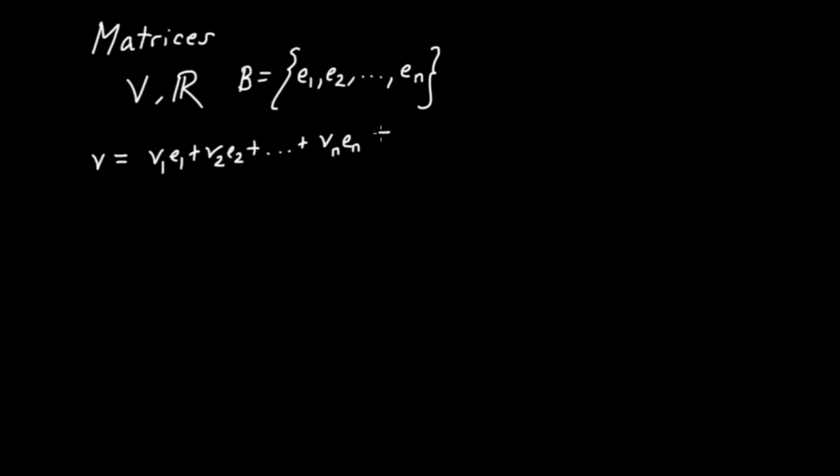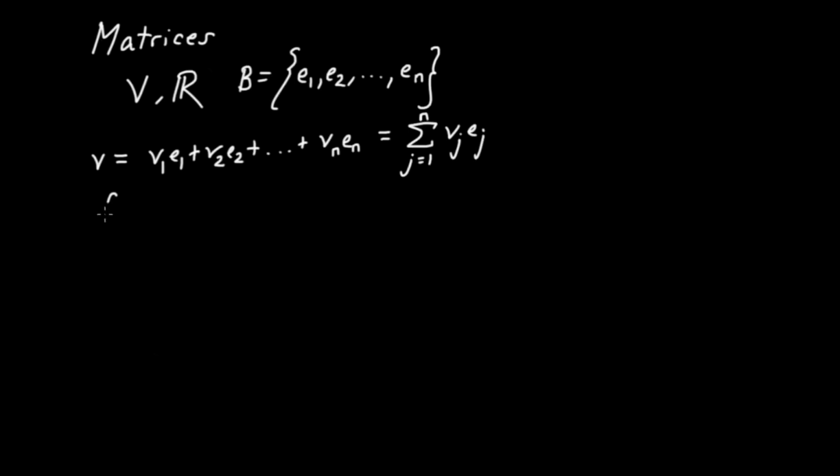And of course, what I'm going to do here is collapse all this using sigma notation. So we have the sum, let's say, j is equal to 1 up to n of v sub j e sub j.